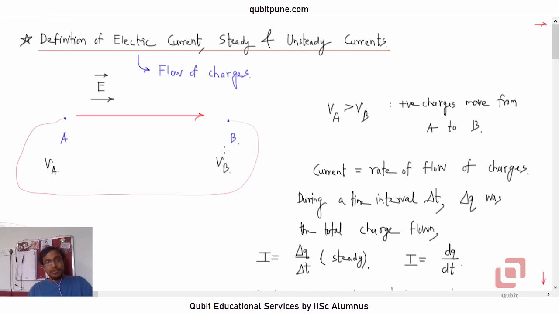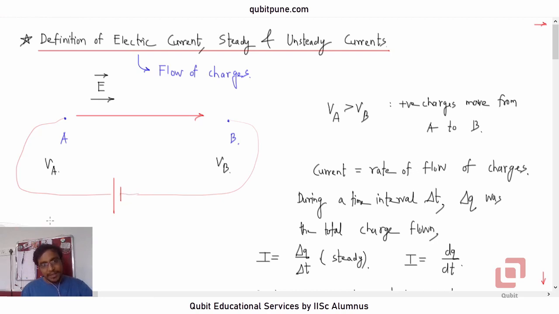So there is a pumping mechanism, so to speak, which helps us in doing that, and that pumping mechanism is our energy source. And for us in this chapter, that energy source is going to be a battery.